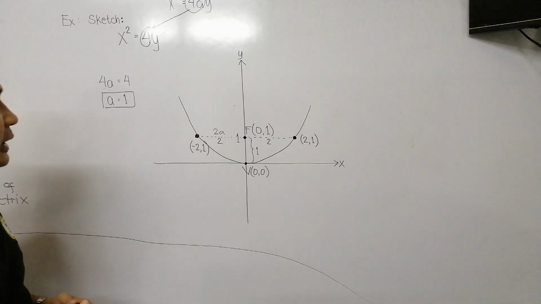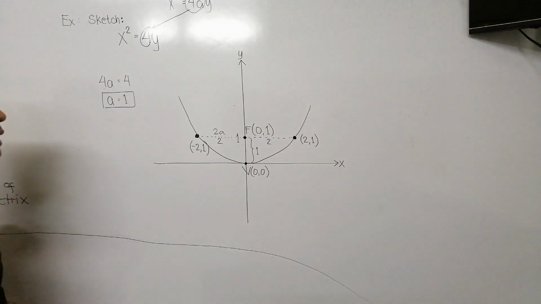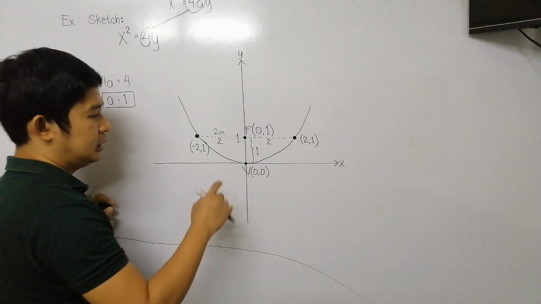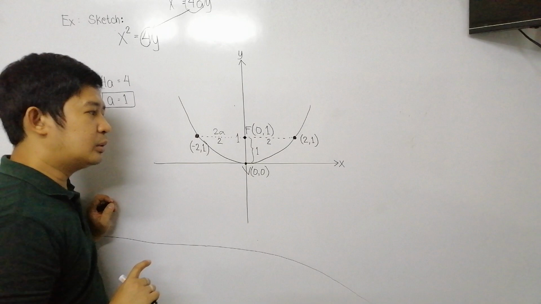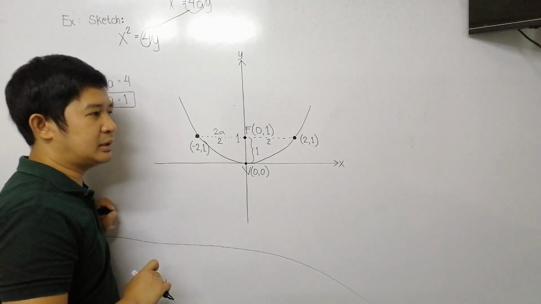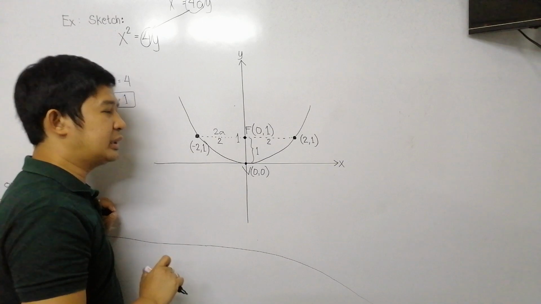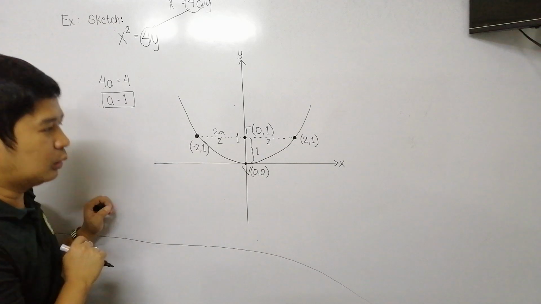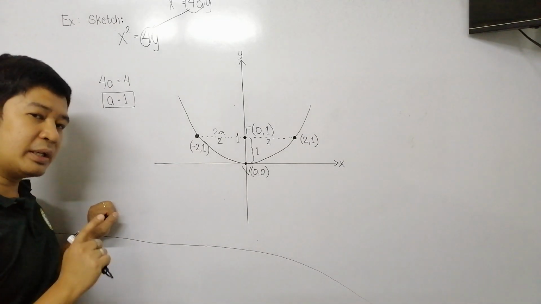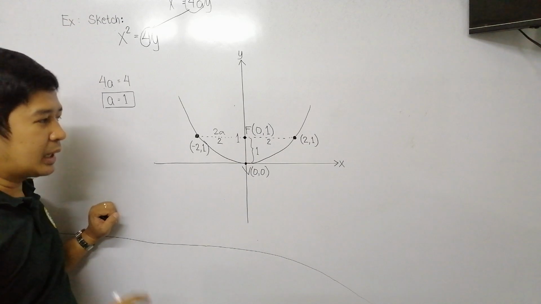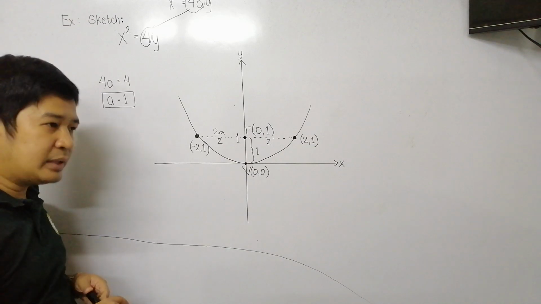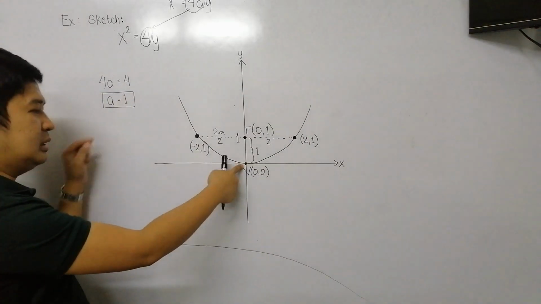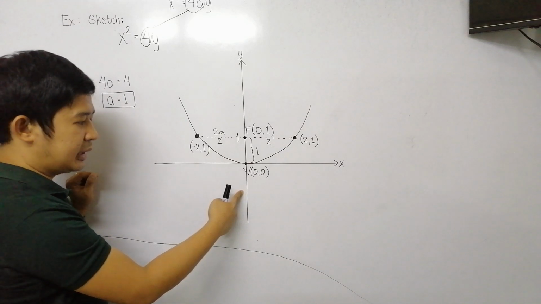Now, how about our directrix? Let us now identify the equation of our directrix. So again, sabi natin, directrix is equidistant, or the distance between vertex and directrix is the same as the distance of vertex and focus. If the distance between vertex and focus is 1, therefore, the distance of vertex to directrix is also 1. Ang pagkakaiba lang, directrix is behind the curve. So we move 1 unit, that is A, sa baba ni vertex.